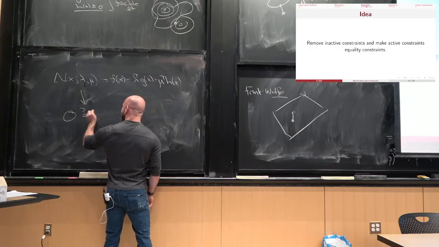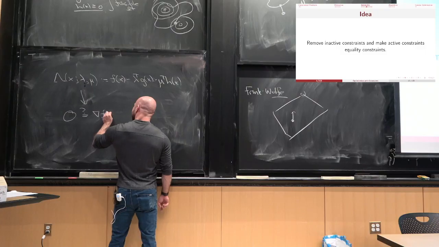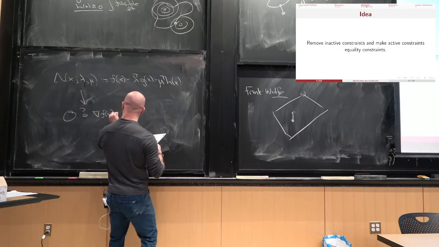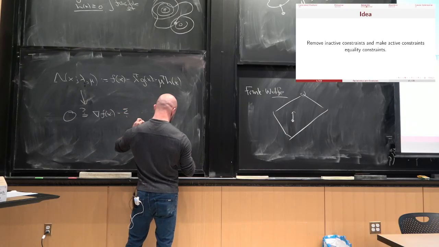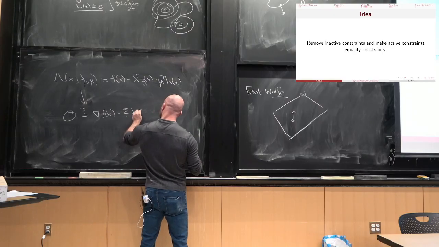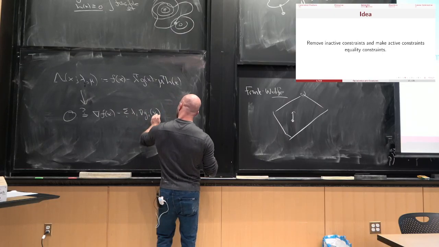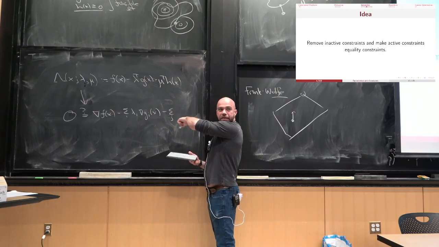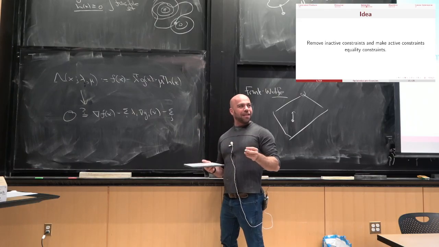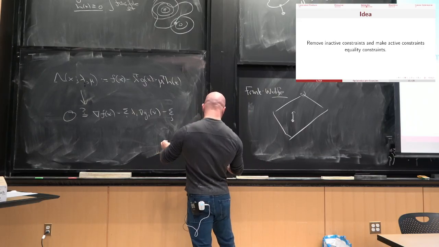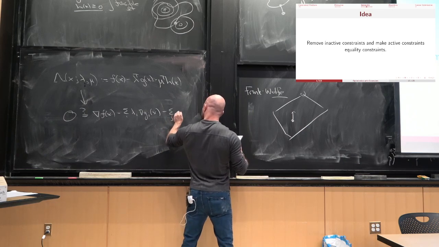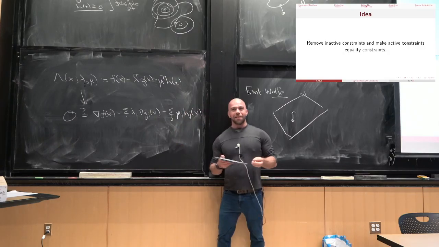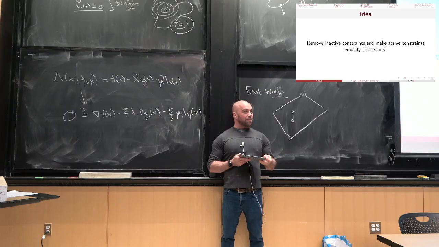If all of our constraints were active, then I could have had the following condition: sum of lambda i grad g i of x minus, by the way, I'm going to use i's to index equality constraints and j's to index inequality constraints, and I look forward to the first person who raises their hand when I get it wrong, mu j h j of x. Now, this is an incorrect statement.